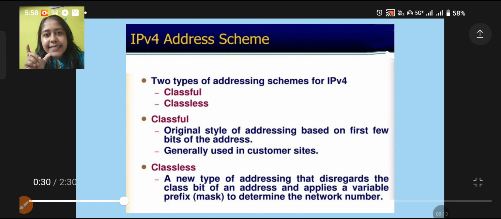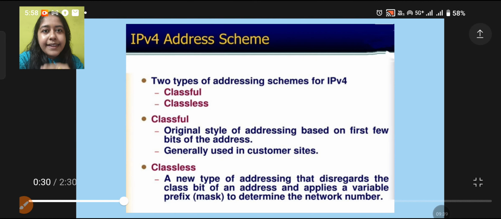Now in classless addressing, a new type of addressing, it disregards the class bits of an address and applies a variable prefix mask to determine the network number. This is another scheme, right?